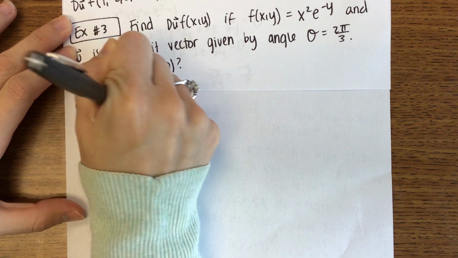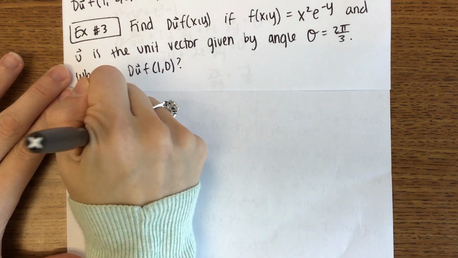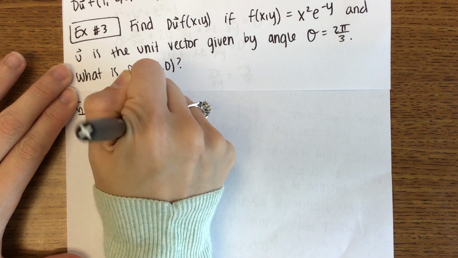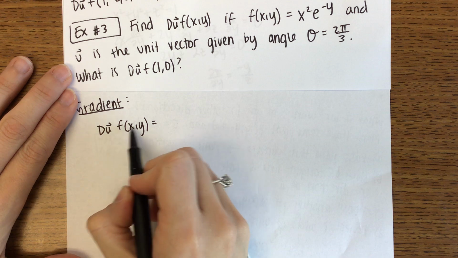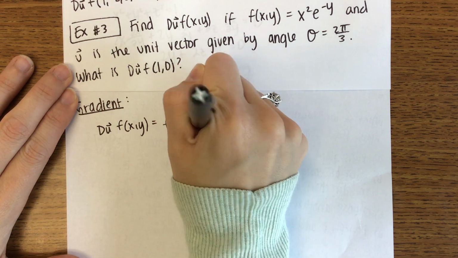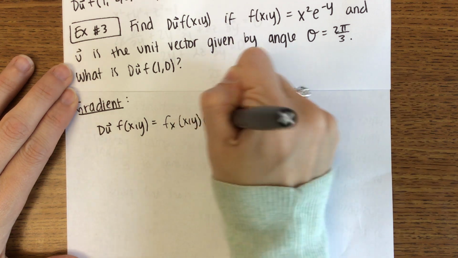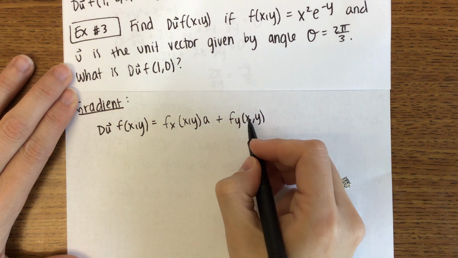Okay, so here's what we've already done. The directional derivative in the direction of u at some point x, y is the partial with respect to x at the point x, y times a, plus the partial with respect to y at x, y times b.